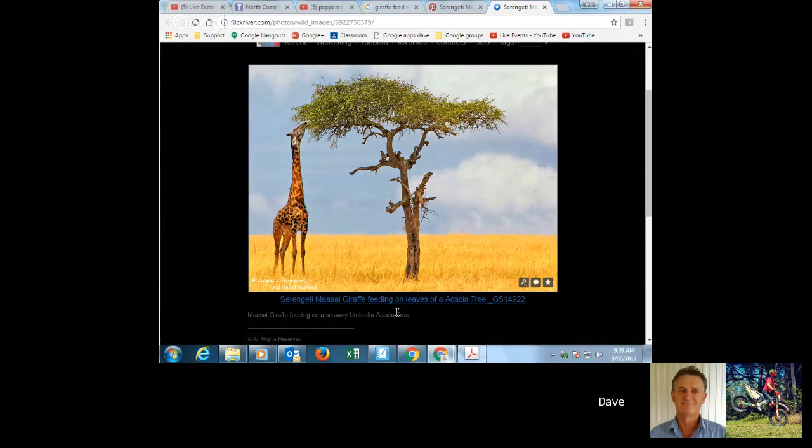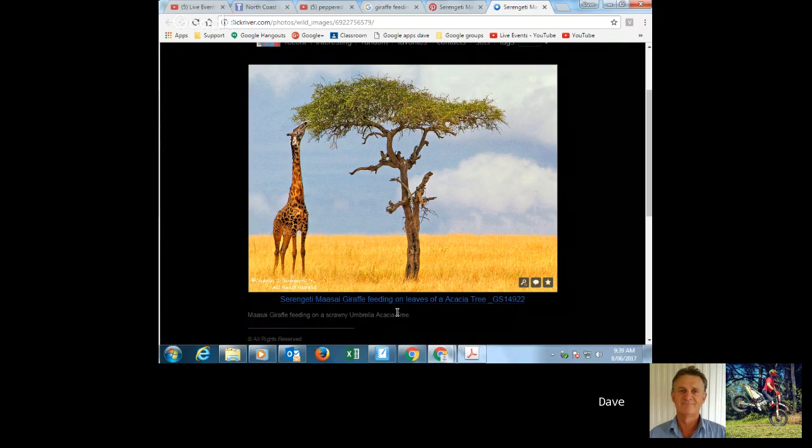So our friend, the giraffe. There's an image there of a giraffe living in its environment. And it's actually behaving at the moment, doing one of its common behaviors, which is feeding.